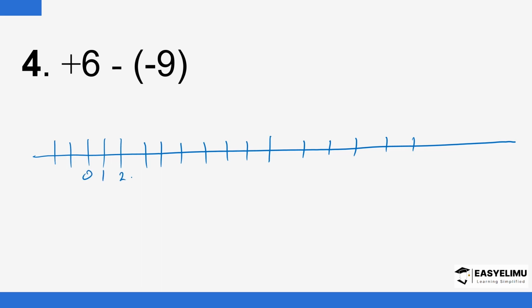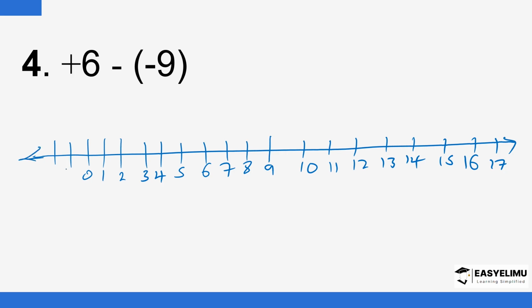We have 1, 2, 3, 4, 5, 6, 7, 8, 9, 10, 11, 12, 13, 14, 15, 16, 17. Then you have the arrow indicated there. So here we have -1 and -2. So you identify the first number. That is where we are starting from. So that is +6. So that is where you start.